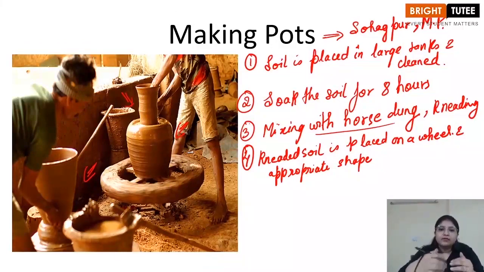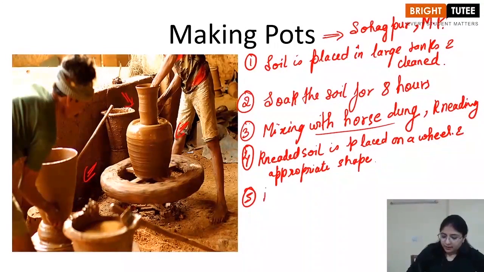That is done later. First of all, it is placed on a fast moving wheel and the shape is given with the help of the hands. Then once the final shape is given with the help of the hand, then it is painted.